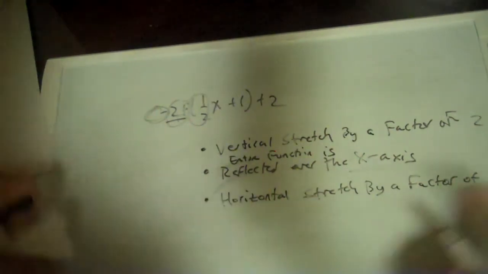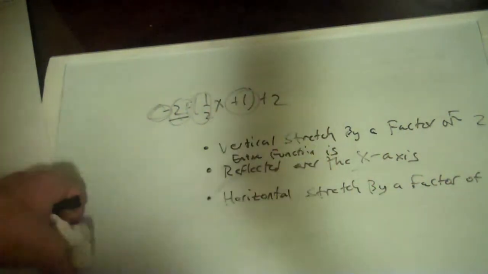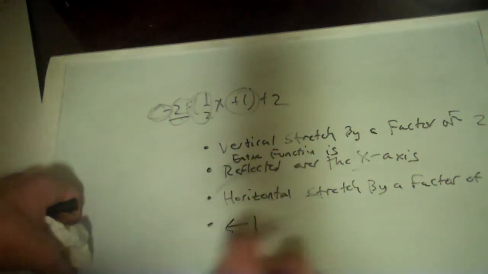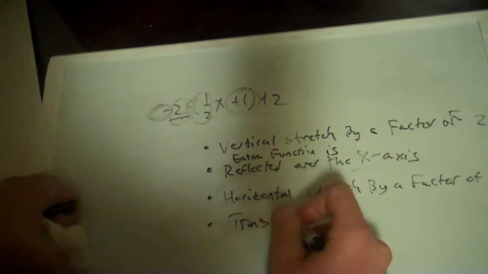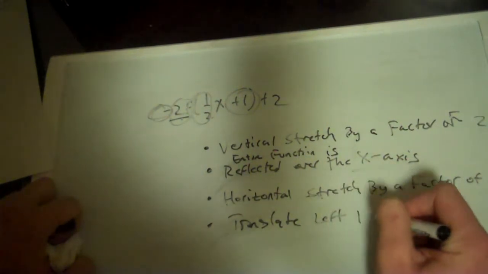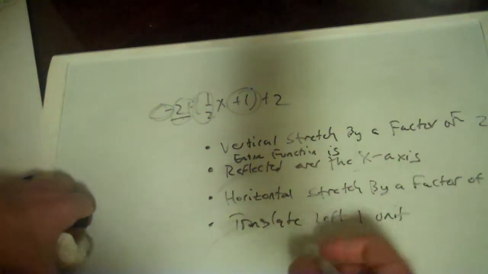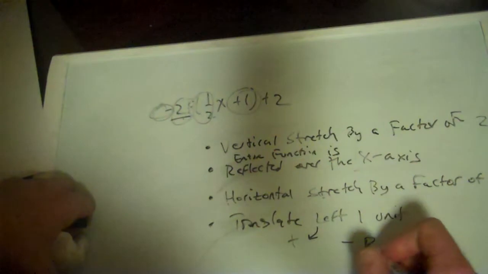That's how you get the horizontal factor of 2. The next thing we look at is the plus 1. That means we're going to translate left 1 unit. And why is it to the left? It's because it's positive. If it's positive, it's going left. If it's negative, it's going right.